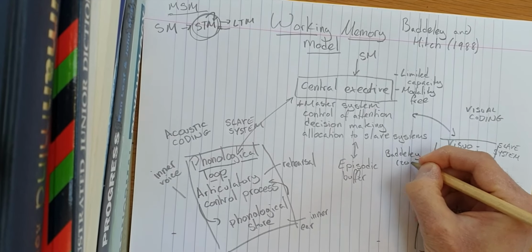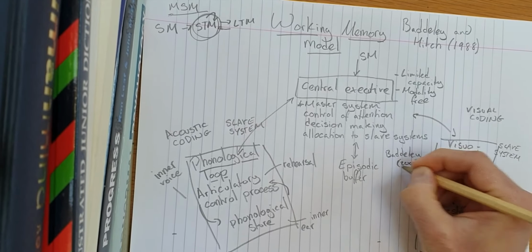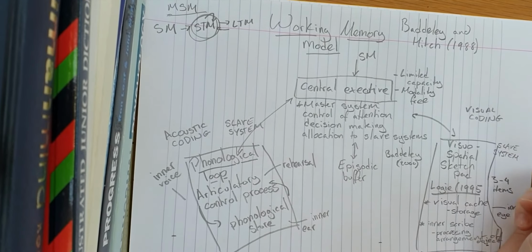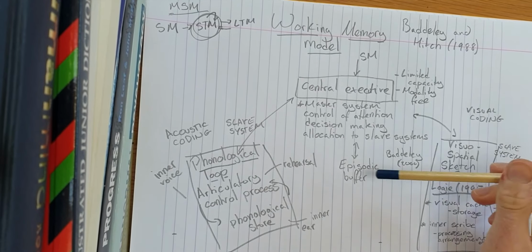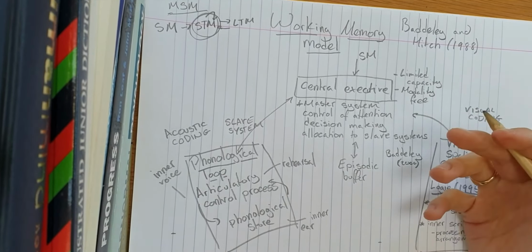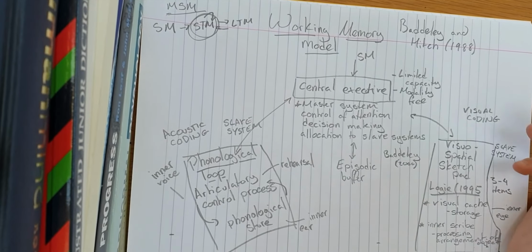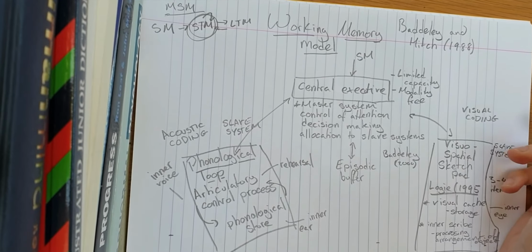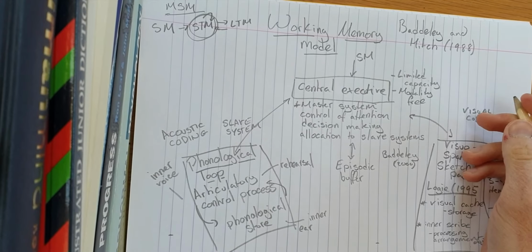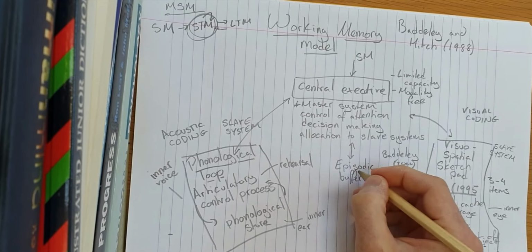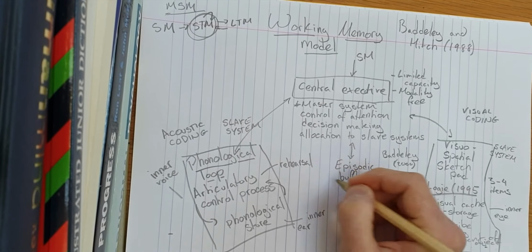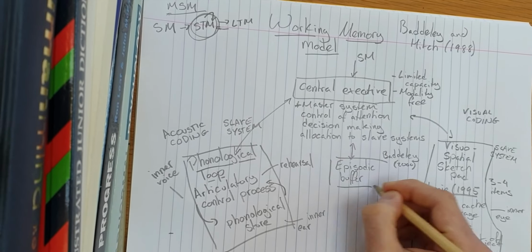And we know that the short-term memory can store more than these two types of information. We also know that between these three things, there doesn't seem to be that 7 ± 2 capacity. So the episodic buffer was added essentially as a third slave system, which is a general store.